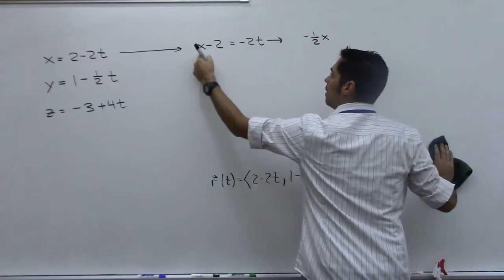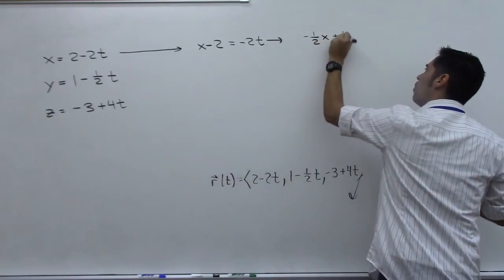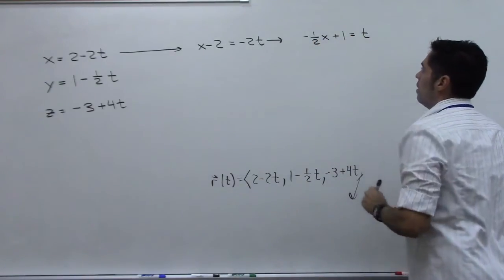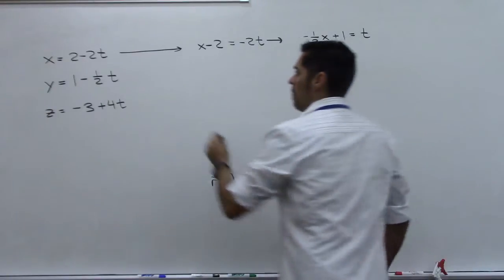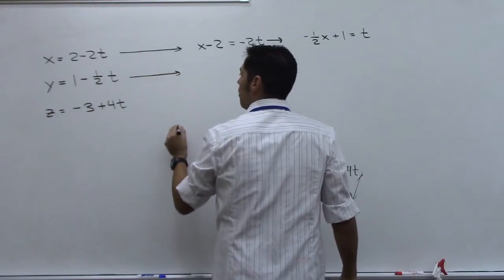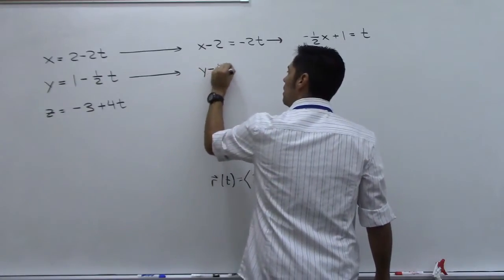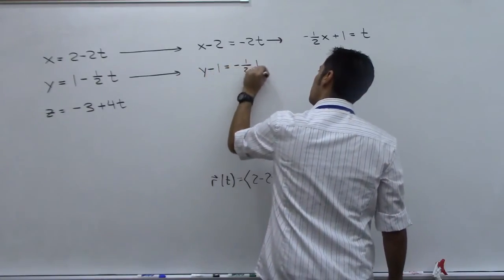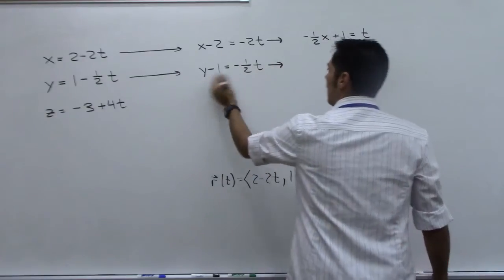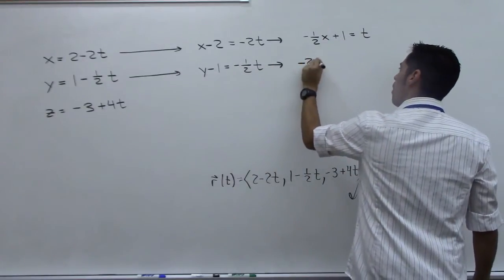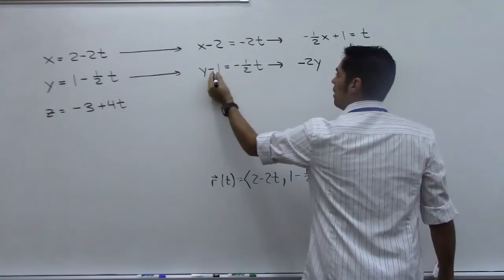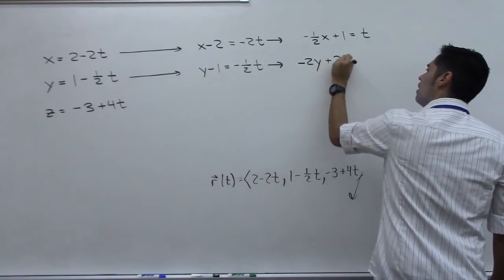So divide that by negative 2, divide that by negative 2, I get plus 1 equals t. All right, now I'm just going to save that for now. Same thing here, I'm going to solve for t, so I'm going to get y minus 1 equals negative 1/2 t. I'm going to multiply both sides by negative 2, so negative 2y, and then negative 2 here is positive 2 equals t.